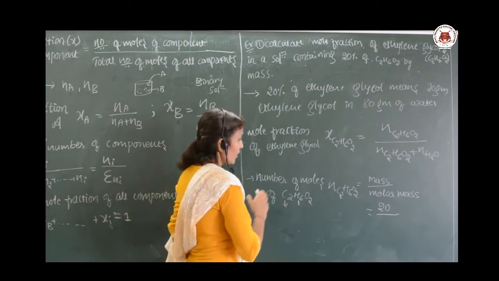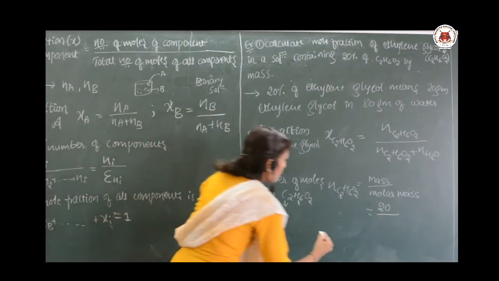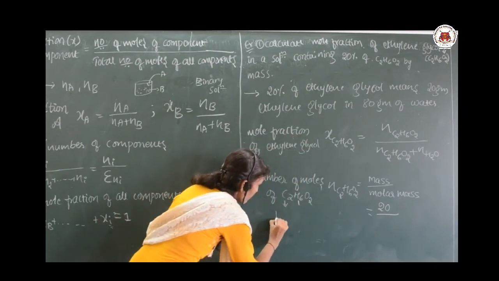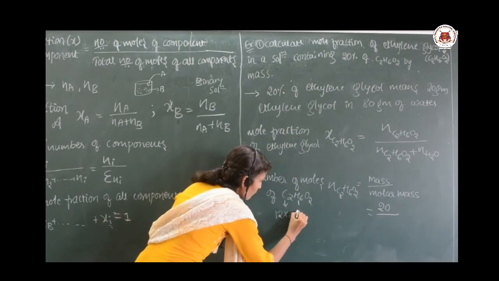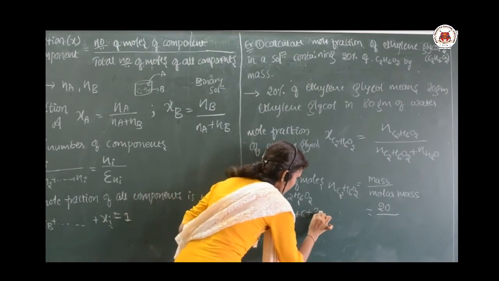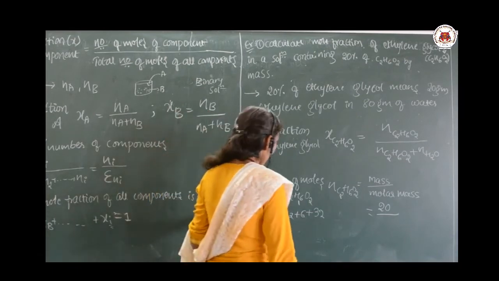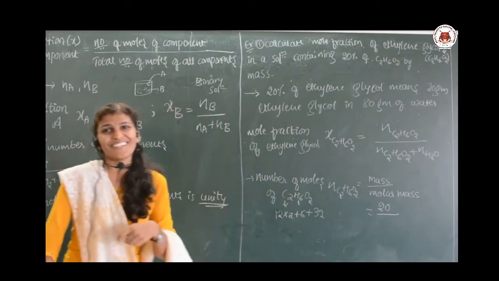Totally the value will be 12 into 2 plus 6 plus 32.